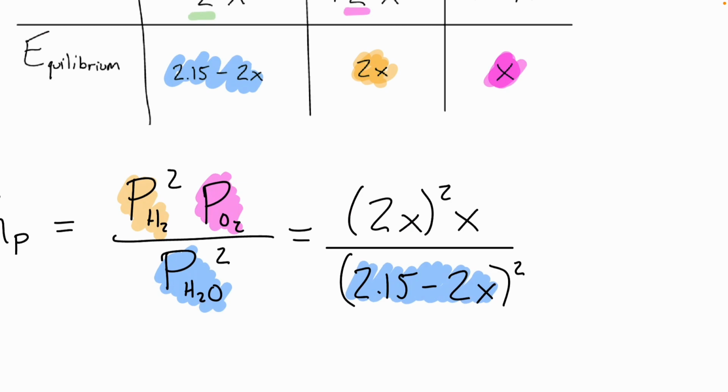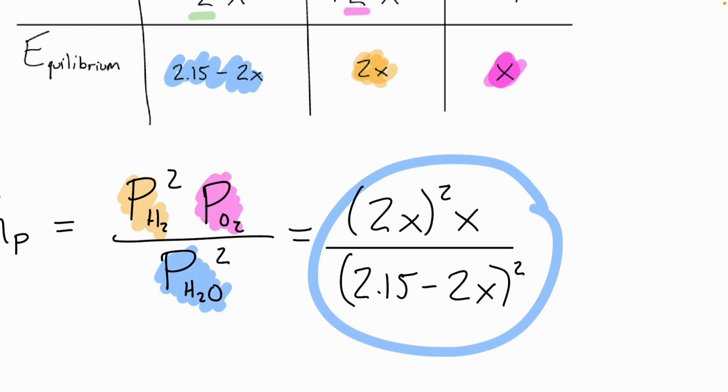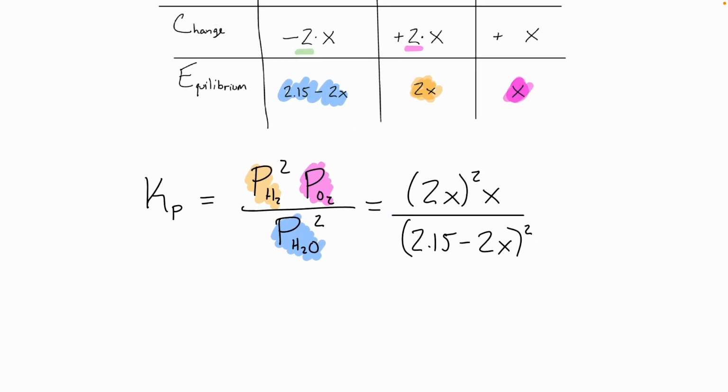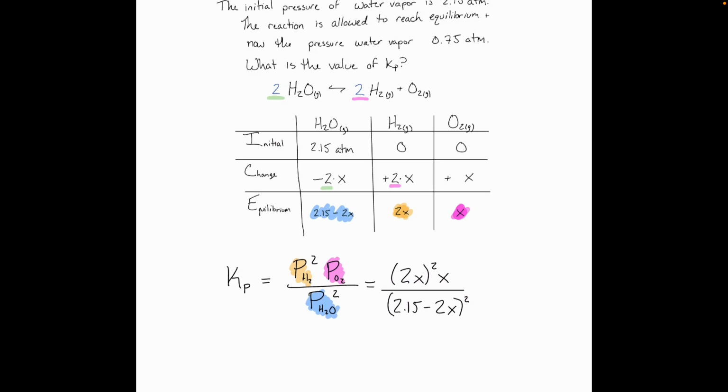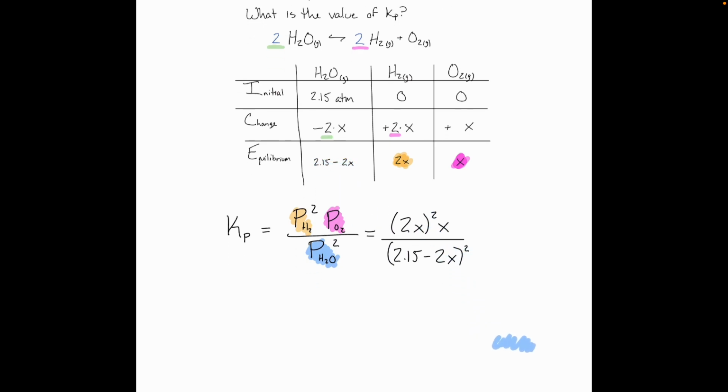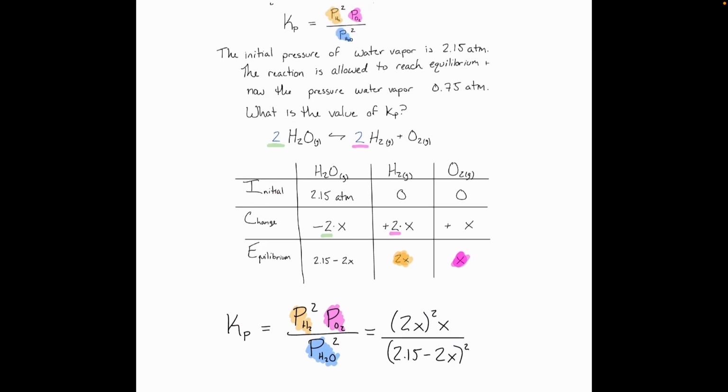So if I can figure out what x is, I can plug it in here, and then I'll have the value of my equilibrium constant, and that's what we're going for here. Okay? So in this case, how am I going to get the value of x? The final water vapor. Exactly, right? So here it tells me that the final pressure of water vapor at equilibrium is 0.75, right?